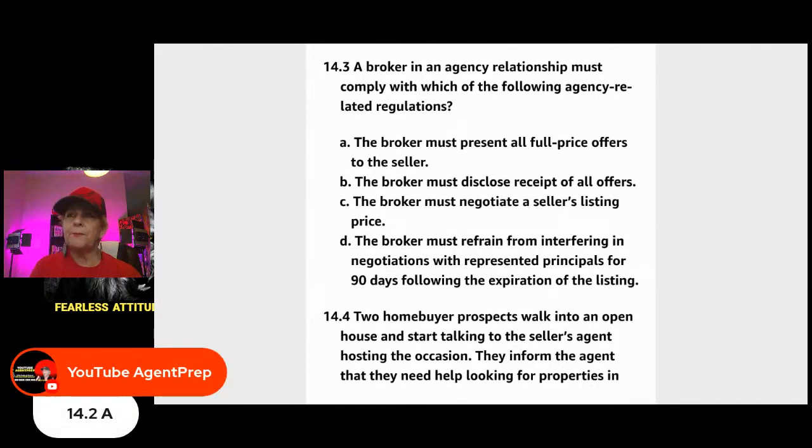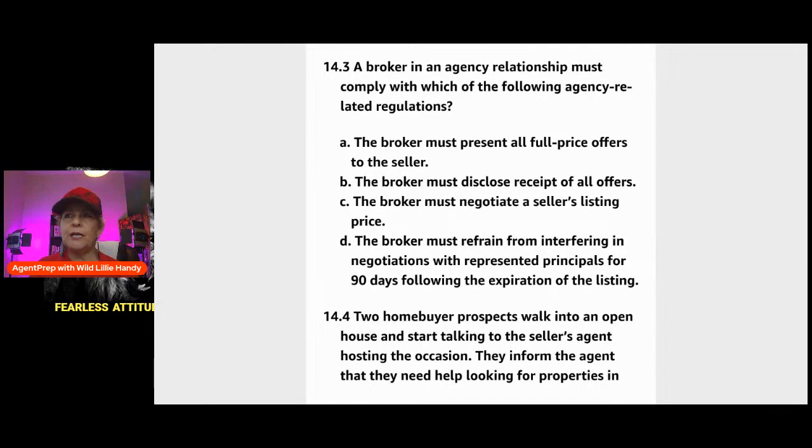So number 3, a broker in an agency relationship must comply with which of the following agency-related regulations? A, the broker must present all full price offers to the seller. B, the broker must disclose receipt of all offers. C, the broker must negotiate a seller's listing price.